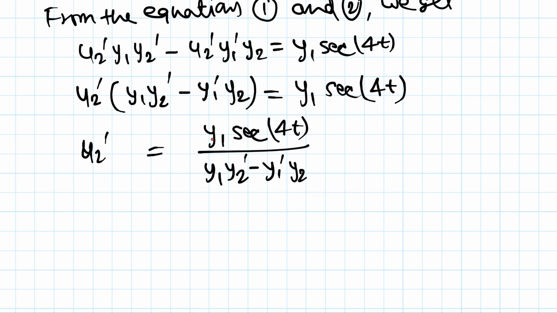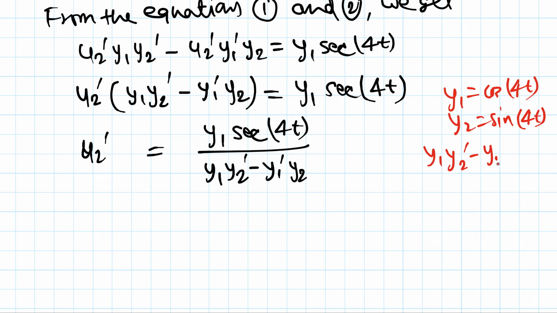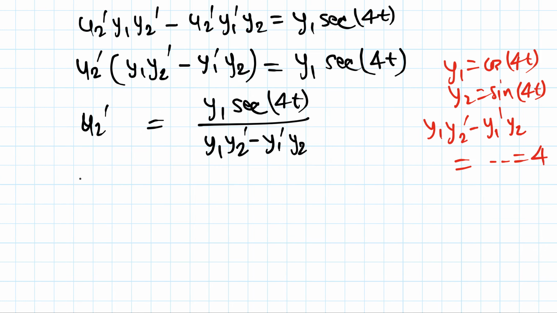Because our y1 is cosine 40 and y2 is sine 40, when you find this one, y1 y2 prime minus y1 prime y2, you work out, after some work, it's going to be 4. So u2 prime is y1, cosine 40, times secant 40, and we can simplify the top as well.